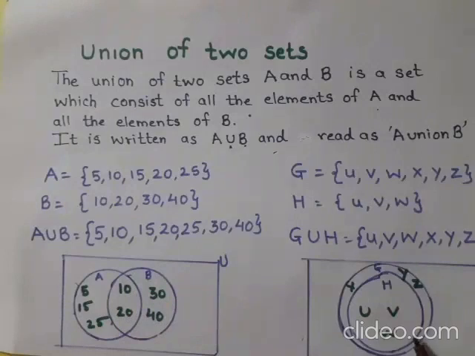In this example, as H was a subset of set G, therefore we have drawn the circle representing set H inside the circle representing set G. And the G union H is a set of all elements from U to Z.